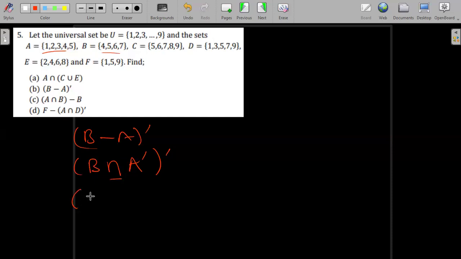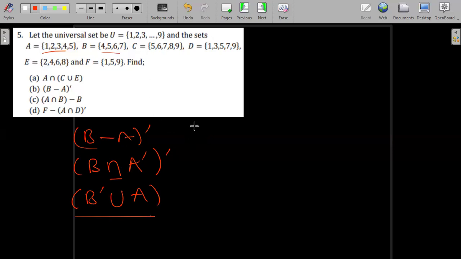If I distribute the complement, I'll have B complement. Then this sign always flips, so from intersection to union. And this complement by complement is just going to give me what? A set A. So meaning I just have to find B complement intersect A.